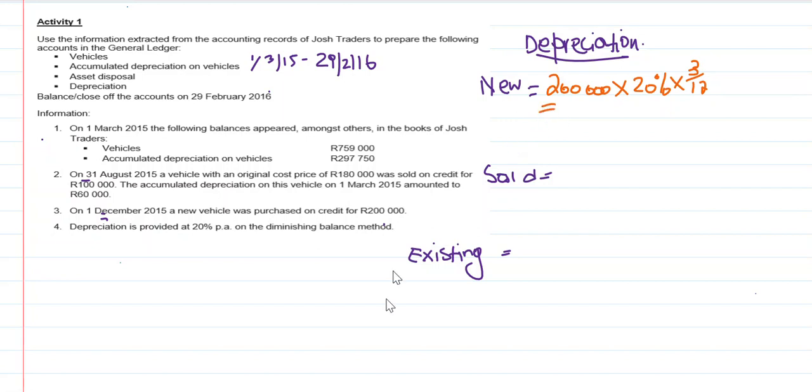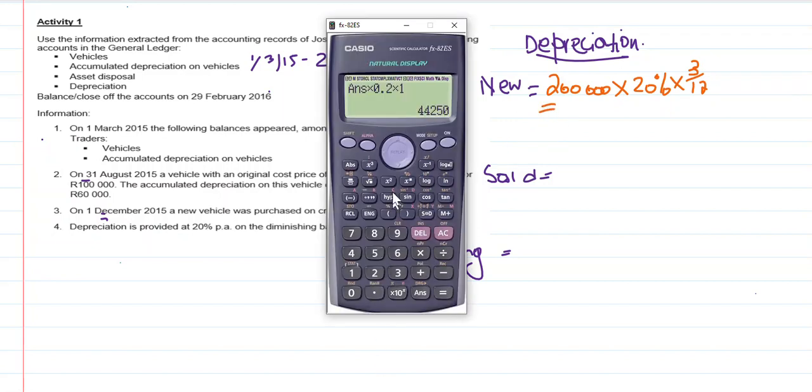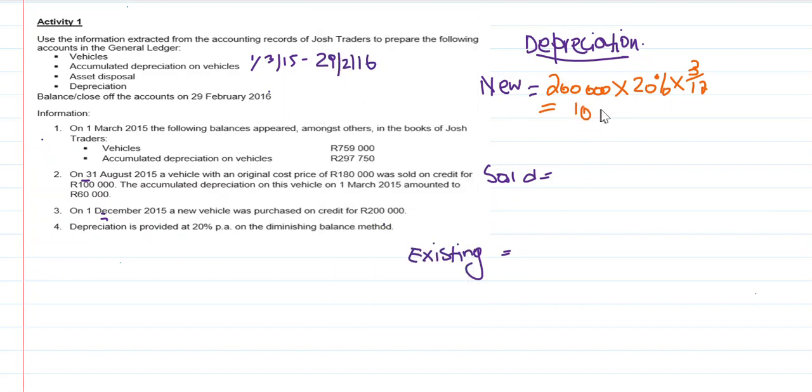So 200,000 multiplied by 0.2 multiplied by 3/12 gives us 10,000 rand. So this is the depreciation of the new vehicle. Why are we not minusing any accumulated depreciation there? It's because it's a new vehicle. It has not yet depreciated.